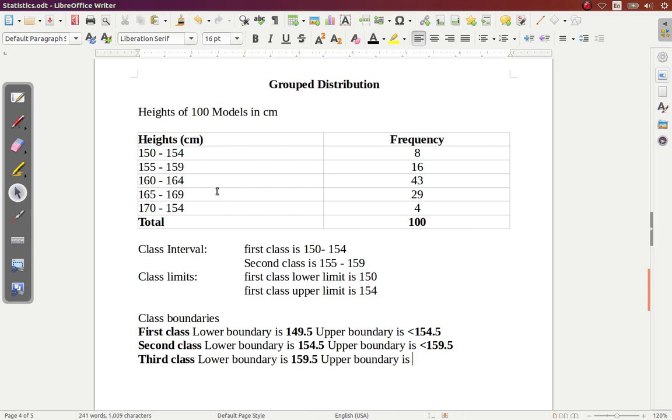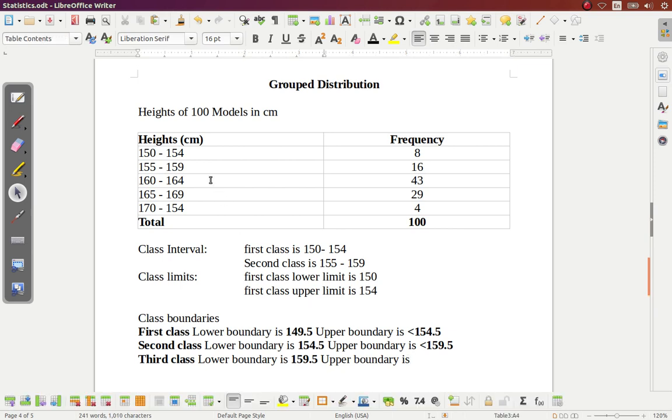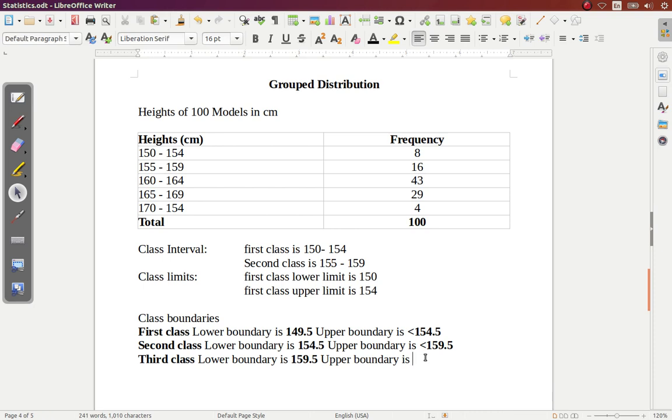For the third class, you have 164, which could possibly have been 164.4. It could have been 164.49, or any value less than 164.5. Then you round it back down to 164. So it must be less than 164.5.